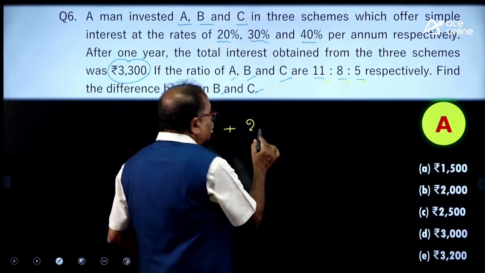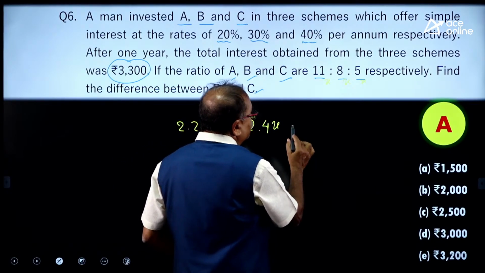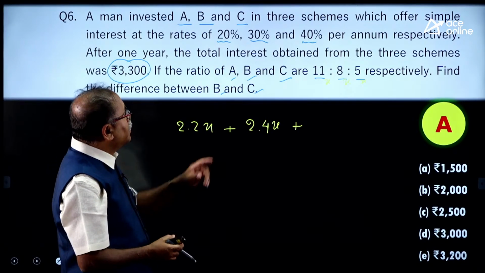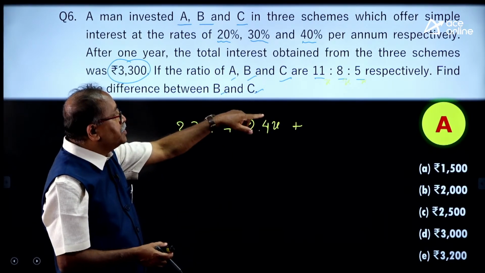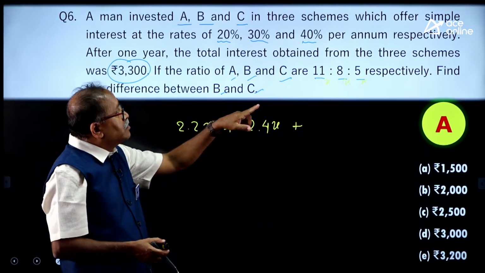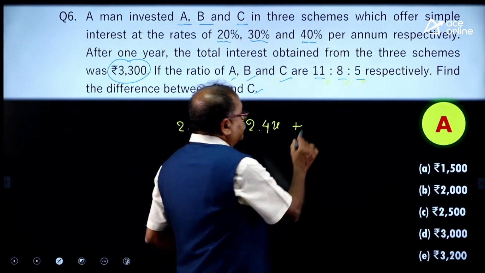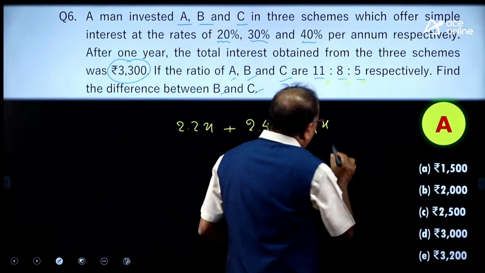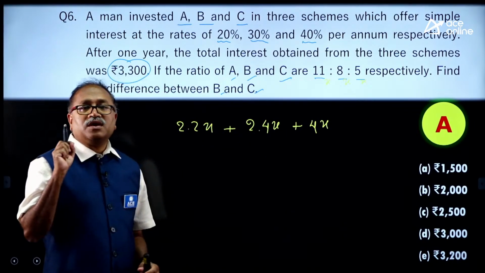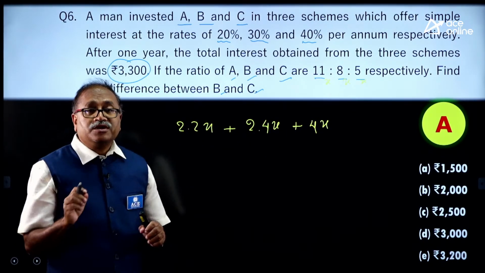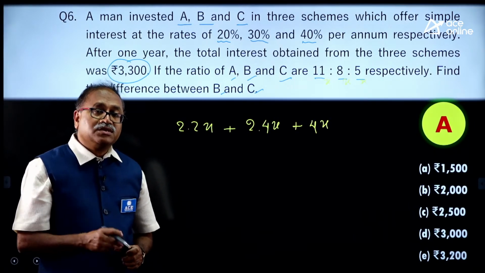So, here it is 2.4x plus, come to third one, that is 5, 4, 20, that is 4 and 4x. This is the interest, and that is equal to 3300, 3300.